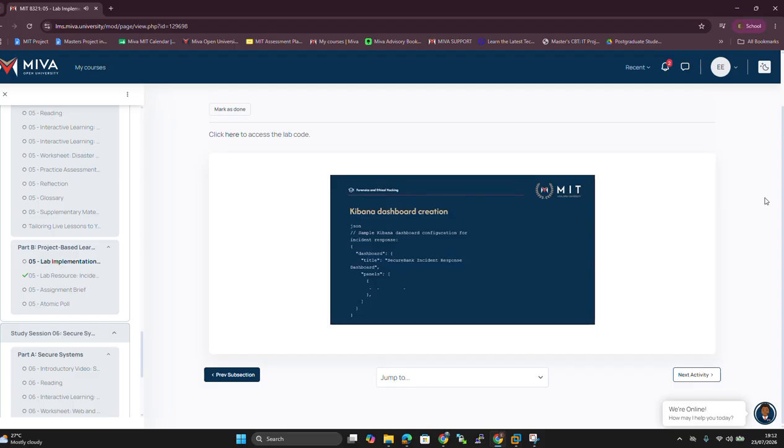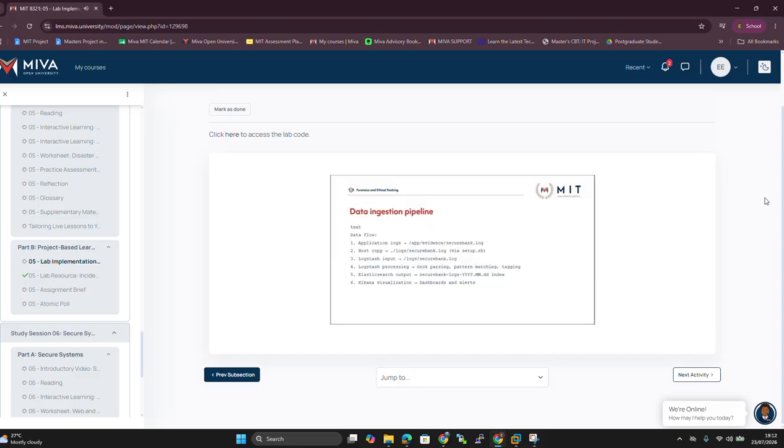We'll see how that looks, and I've provided some code snippets that enable you to run it and visualize what we have. This is a sample Kibana dashboard configuration file for the incident response experiment which we are working on.